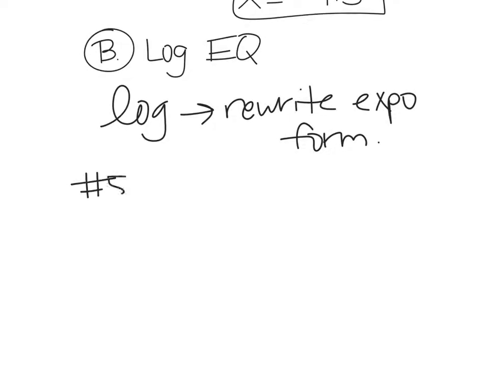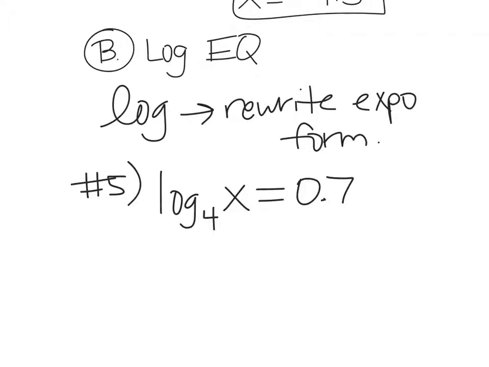All right, so here we go. Number 5. I'm going to start you off with a pretty easy one. Let's say that we have log of x base 4 is equal to 0.7. And we have to find out what x is, okay? Now, some people want to divide by log 4. That doesn't make any sense. Or multiply both sides by 4. That doesn't make any sense either. What we're going to do is rewrite this in its exponential form, okay?